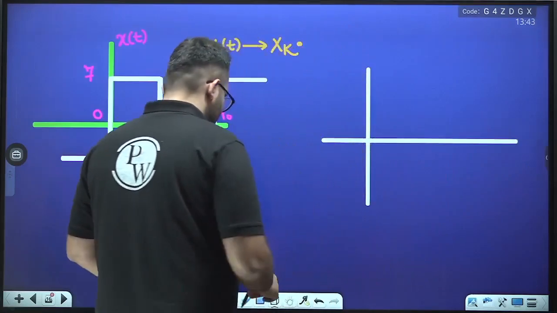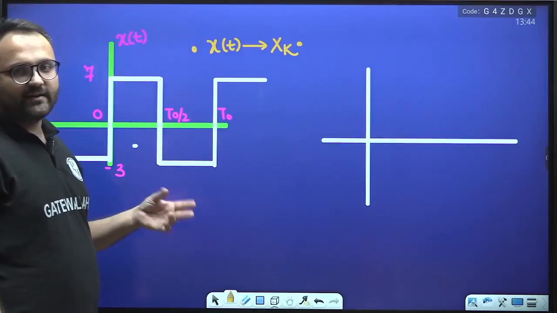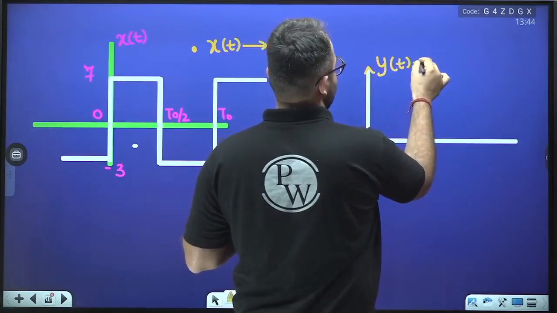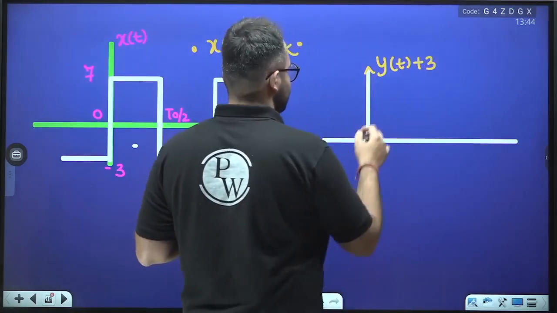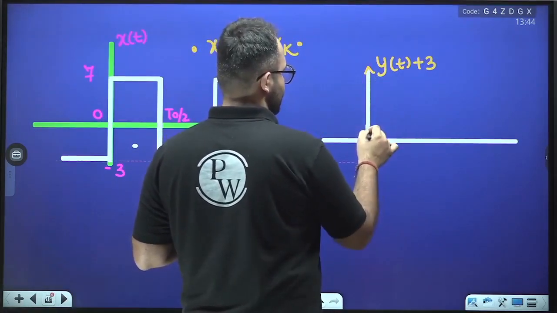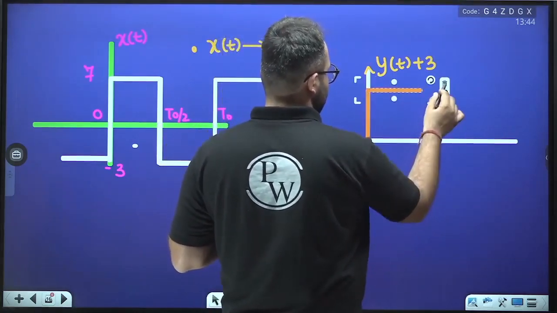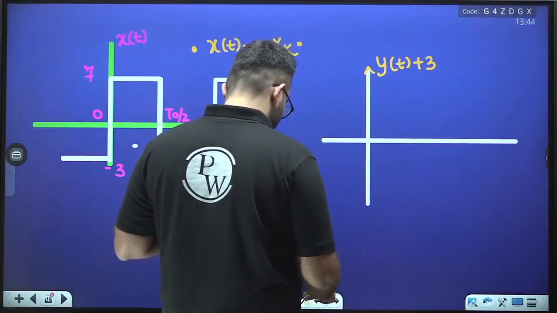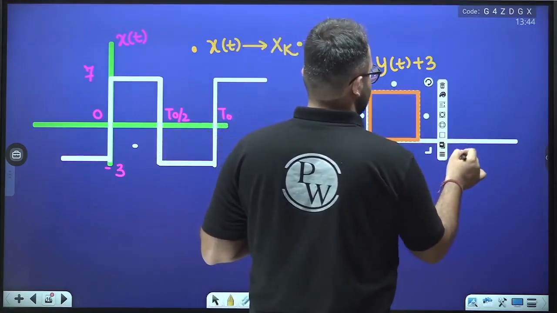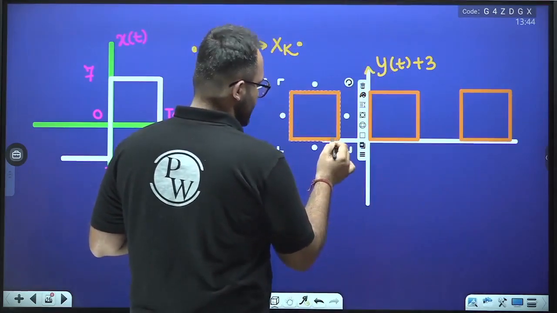Now we add 3 to this signal. We create a new signal yt, which is equal to xt plus 3. We'll get rectangular pulses like this.